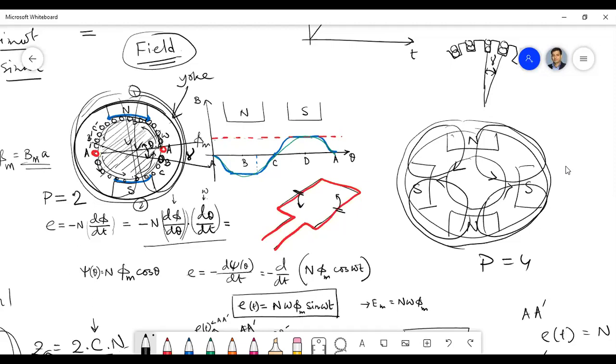This field is responsible for producing the magnetic field inside the machine. Now this field can be of two types: electromagnet and what is the other option? Permanent magnet.